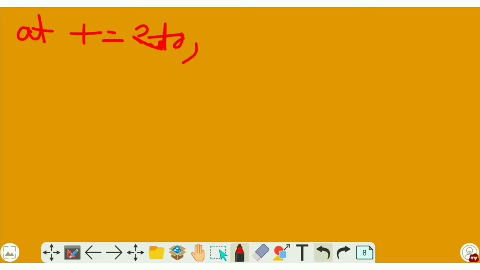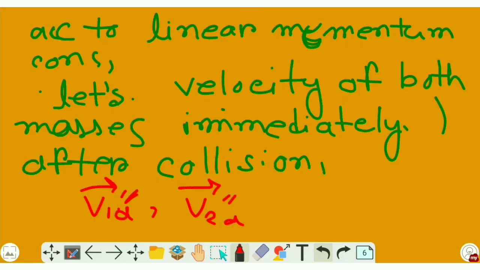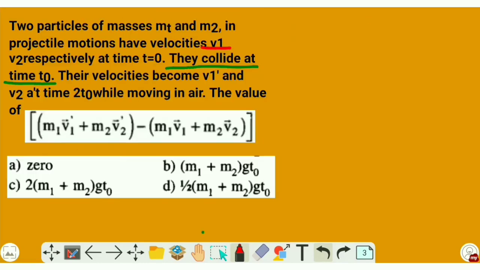only the gravitational force is acting. So what is the v2 dashed vector? The question has mentioned it. We have said that their velocities become v1 dashed vector and v2 dashed vector at time 2t0.